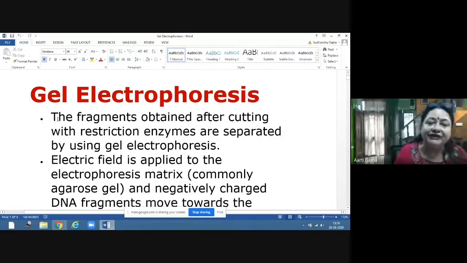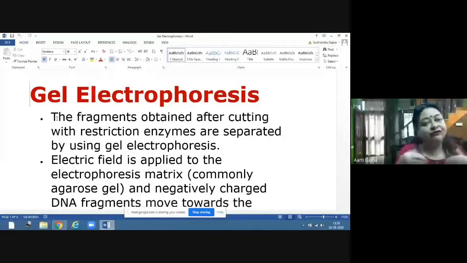The fragments obtained after cutting with restriction enzymes are separated using gel electrophoresis. When we use endonucleases, they cut the DNA at the specific recognition sequence. Once they have cut the DNA, we need to separate these DNA fragments, and that separation is done by gel electrophoresis.